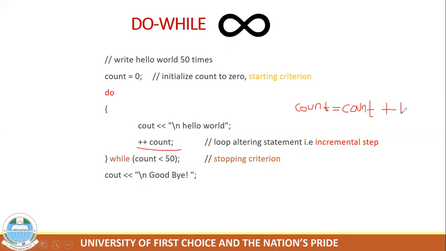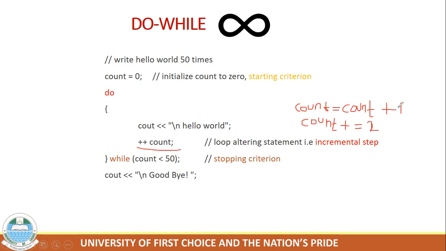Or you can use a shorthand way where you say count plus equal to 1. It still means the same thing. What if you want to increment by 2? Then you come here and say count plus equals to 2.